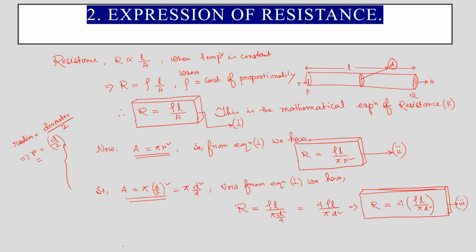In all these three expressions, area of cross section is same, but their appearance is different because first we are expressing the resistance in terms of area of cross section. Second, area of cross section is represented in terms of radius, and in the third expression, area of cross section is represented with the help of diameter. That's all. These are the three forms of the expression of resistance.